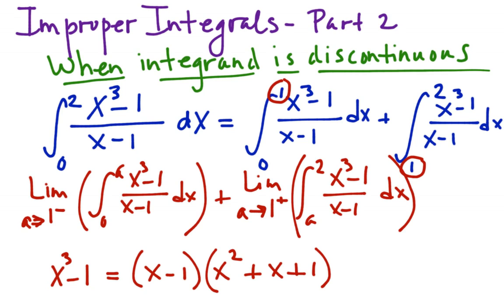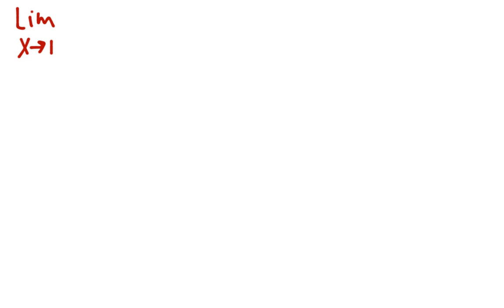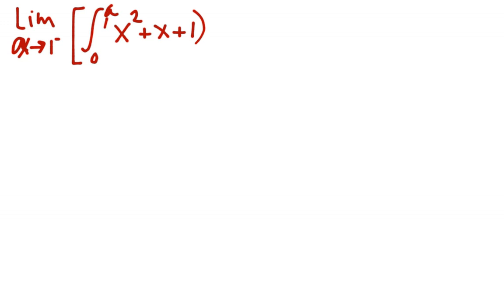So next page. The limit as, actually, you know what, it's really supposed to be a, sorry, as a approaches 1 from the left, from 0 to a, and now I factor the numerator, cancel out that x minus 1, what's left over is x squared plus x plus 1 dx, plus the limit as a approaches 1 from the right side.